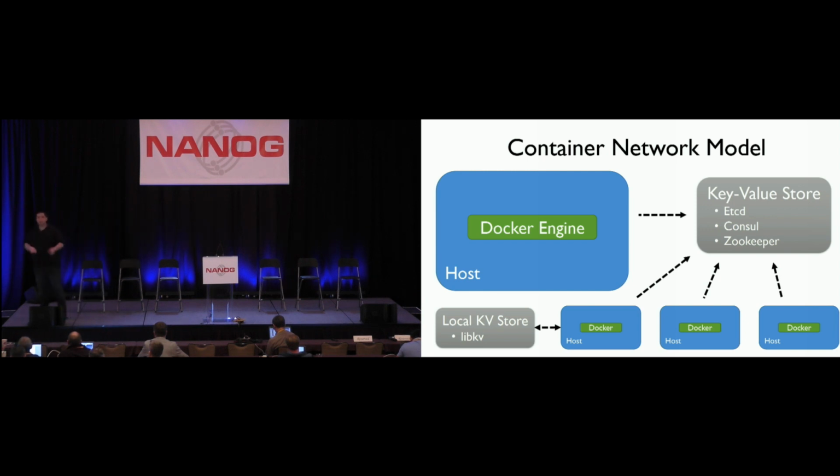At the same time, when you inspect a network from a host in a cluster, the other benefit you get is you see all the containers, all the IP addresses that were assigned to all the hosts that are connected to that key value store.